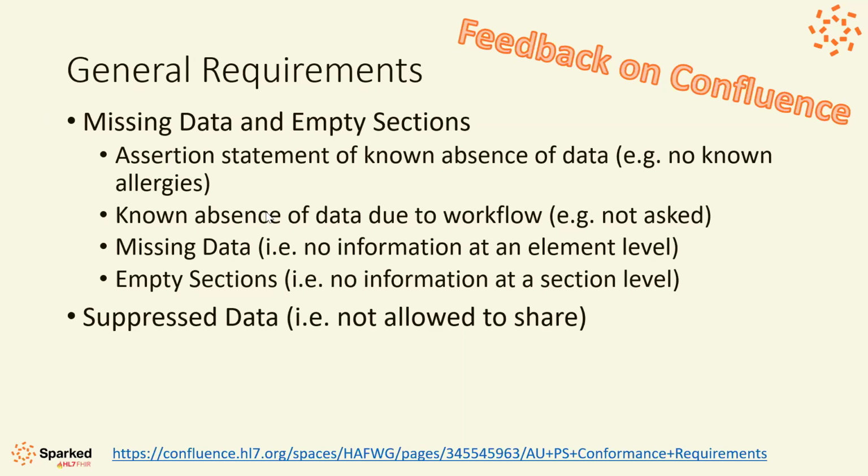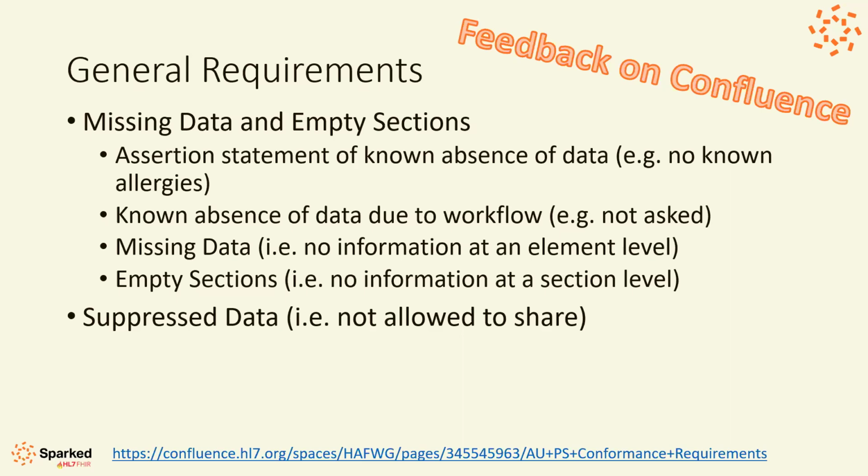There's this next one, which is known absence of data due to workflow. This has started to become a bit of a topic. I think we could put something out for ballot for comment. I'll sense check that with this group in this session. That's where the data isn't known due to workflow. So maybe some things weren't asked. That's the reason it's not available. That's different to both of these next ones, which are called missing data and empty sections. In both of those circumstances, there's no information.